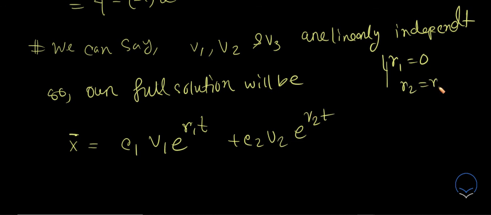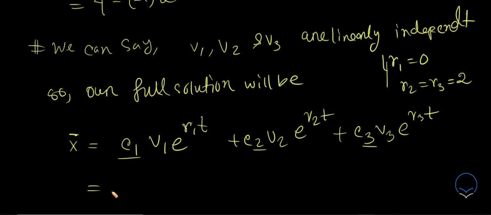Here r2 and r3 will be just 2, because 2 is repeated 2 times, right? And finally you will have c3 v3 e to the power r3 t. And these c1, c2 and c3 are arbitrary constants that are determined from the initial conditions or the boundary value conditions.